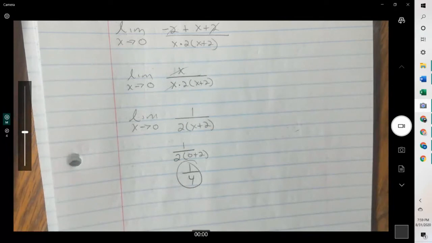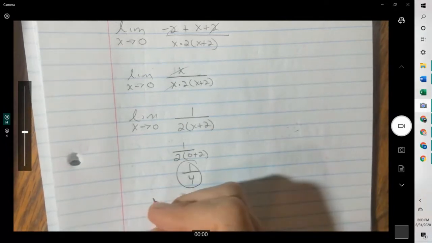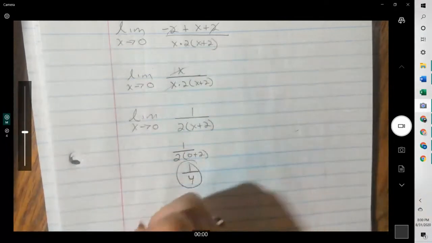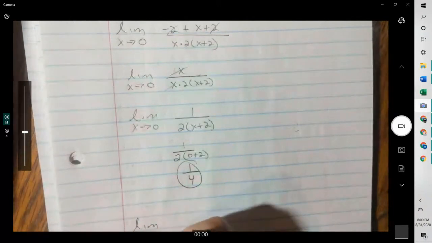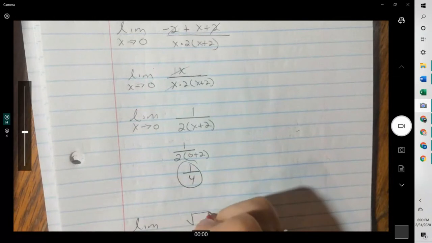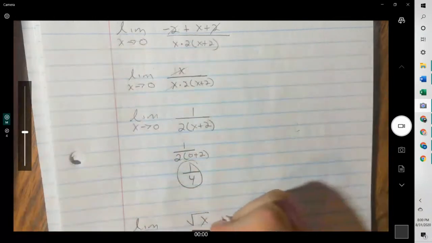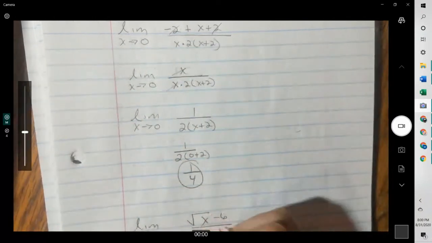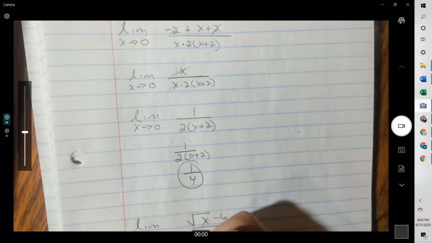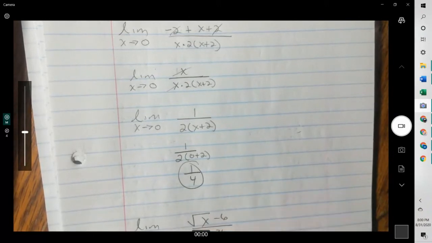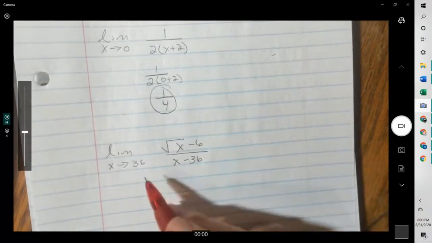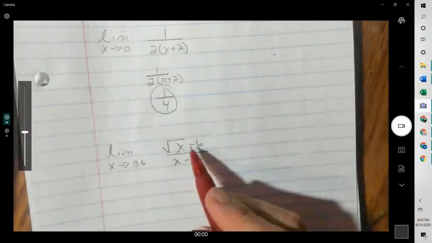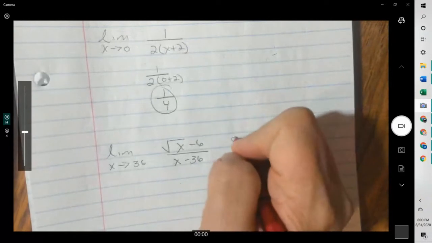Another different one is the square root. If we have the limit as x approaches 36, we have the square root of x minus 6 over x minus 36. Now, notice with 36, we get 6 minus 6, which is 0.